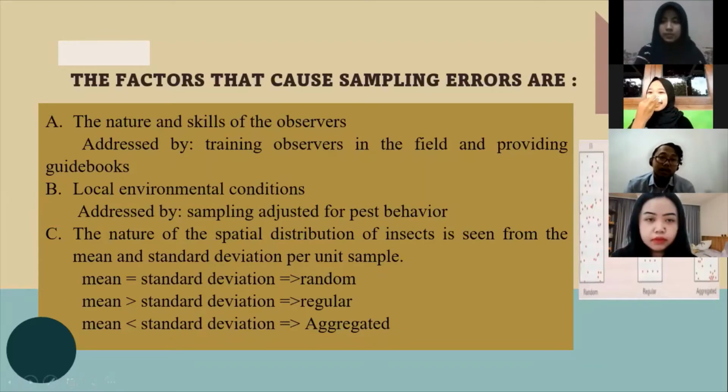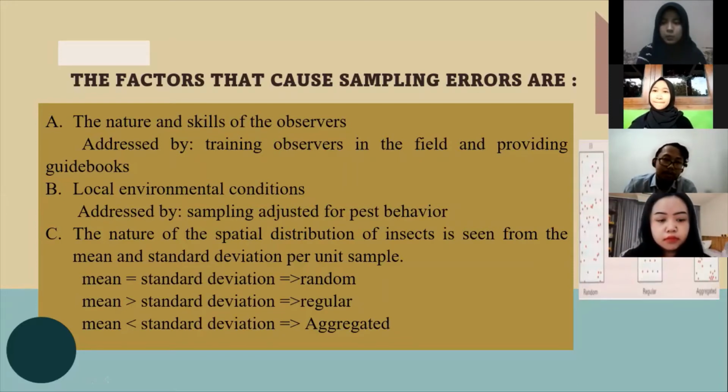The factors that cause sampling errors are: A. The nature and skill of the observer, addressed by training observers in the field and providing guidebooks. B. Local environmental conditions, addressed by sampling adjusted for pest behavior.